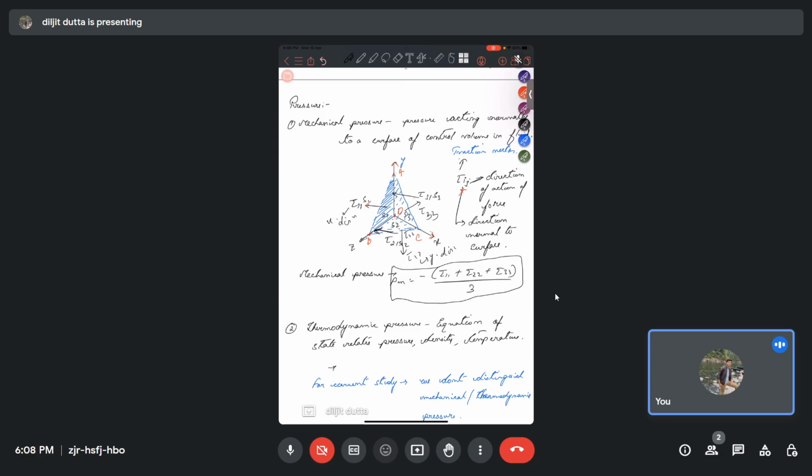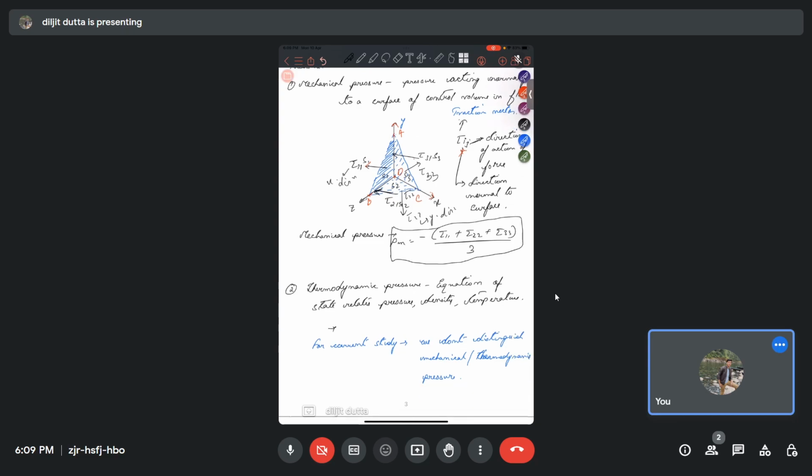We have taken x to be positive on the right side, so tau 11 is acting on the opposite side, so it will be minus tau 11. Similarly, tau 33 is opposite to the z direction, so minus tau 33, and tau 22 is also opposite to our convention, so minus tau 22. The average of these three traction vectors gives the mechanical pressure.